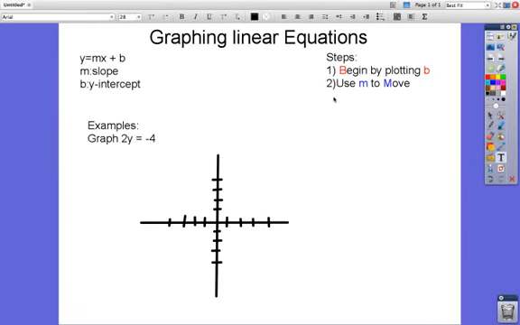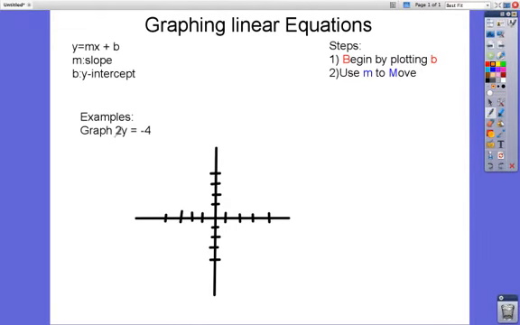Okay, so now we're going to be going over a couple special cases. For our first case, we have 2y equals negative 4. To begin, we always want y to be by itself, so we are going to have to divide by 2 in order to get y alone.